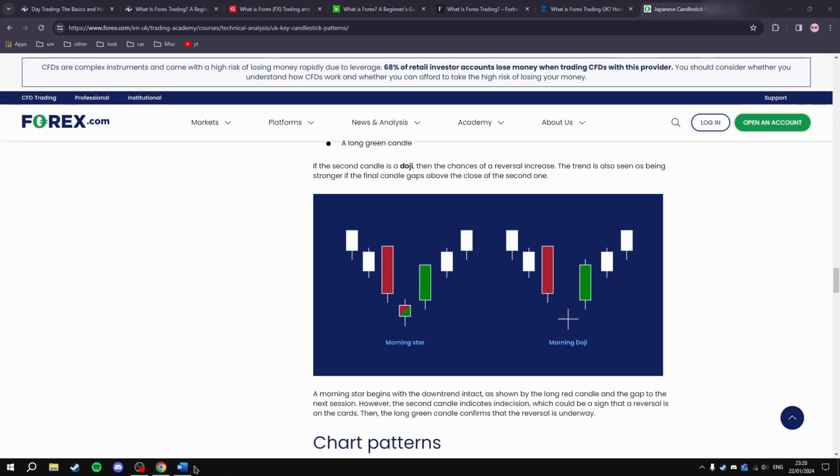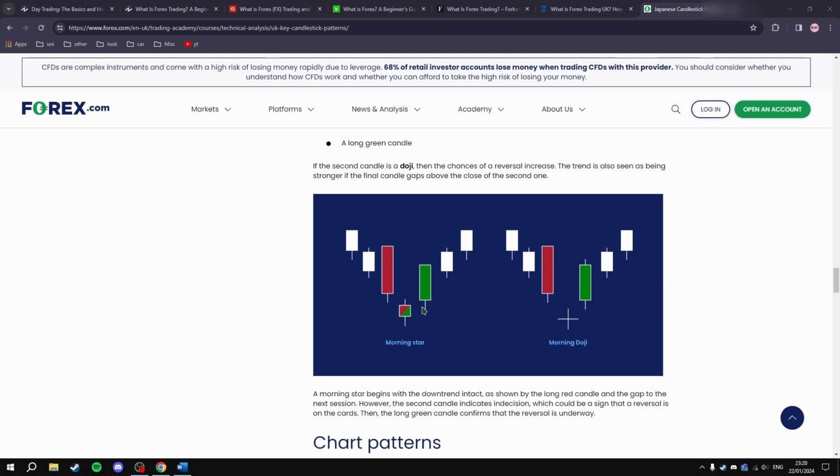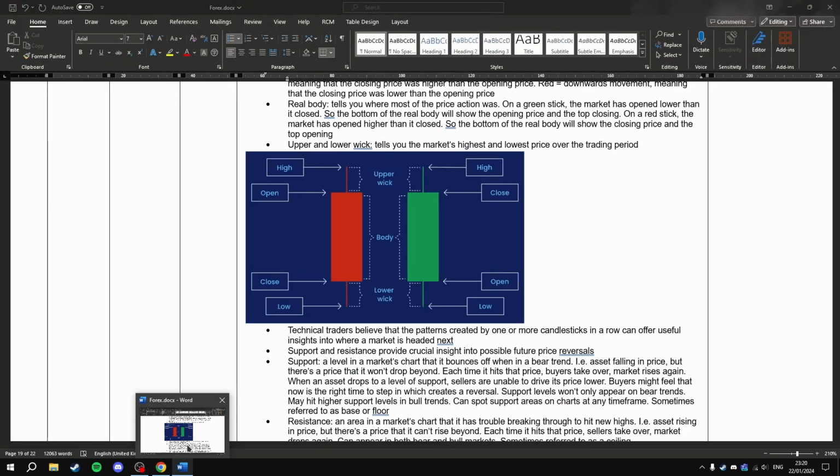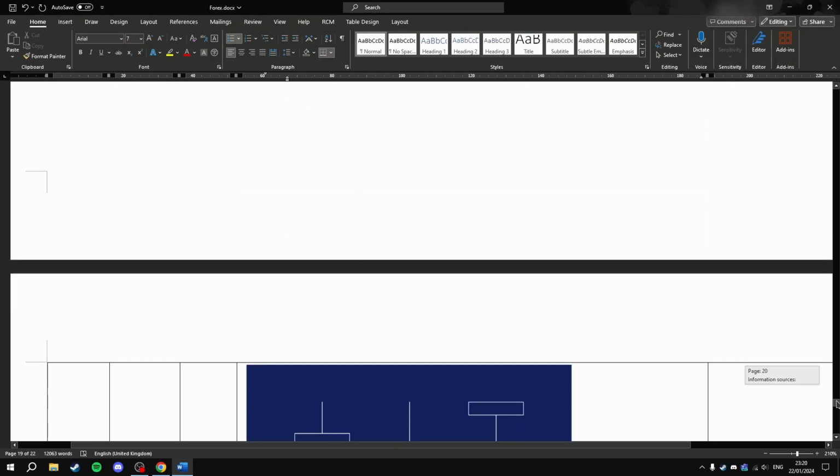So yeah, if it's higher than the previous one, then it's an upward trend, isn't it?